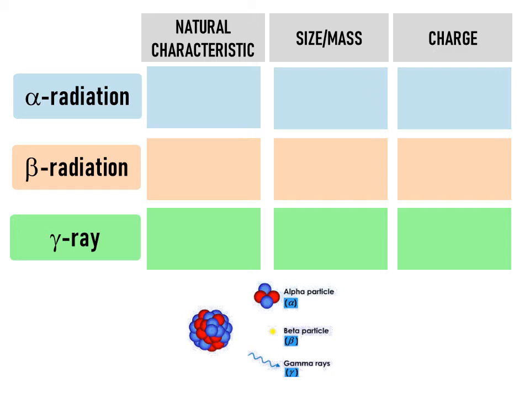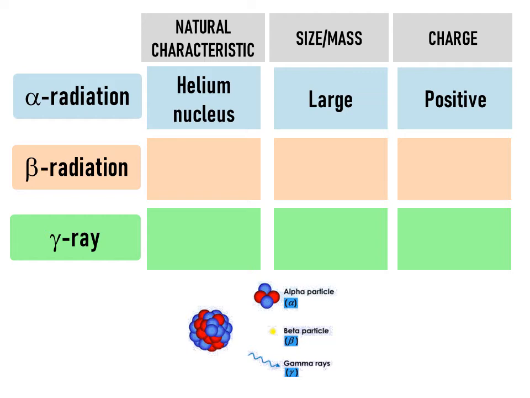So the natural characteristic of an alpha particle is helium nucleus. Alpha particles have approximately 4 times the mass of a proton or neutron, since an alpha particle consists of 2 protons and 2 neutrons bound together into a particle. So their size or mass is large and their charge is positive, since it is made of protons and neutrons.